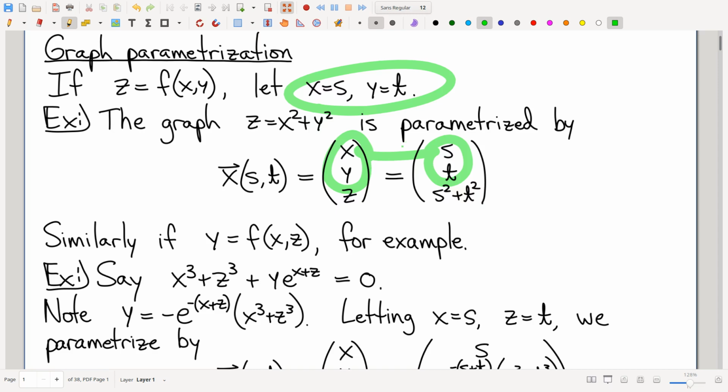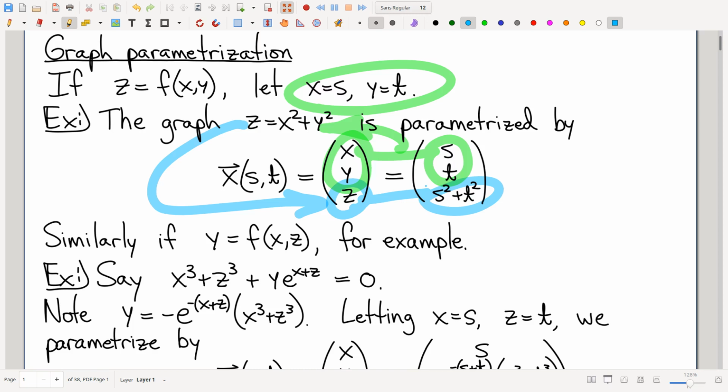Well, if S and T are X and Y, and if X and Y determine Z, then that immediately tells you how to find Z in terms of S and T. Does that make sense to everybody?